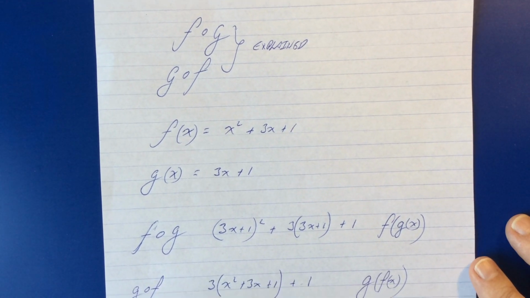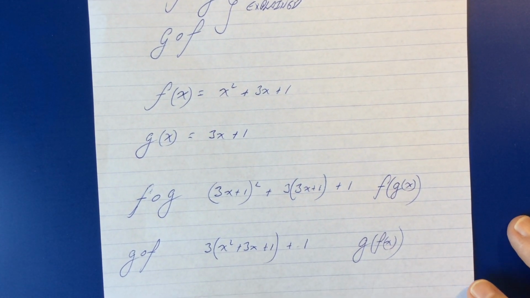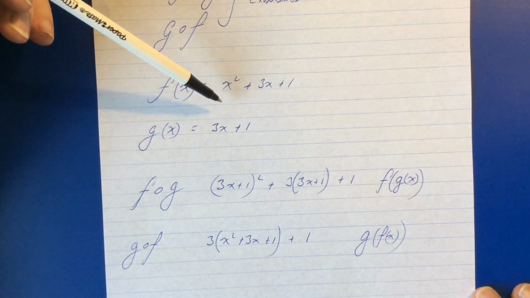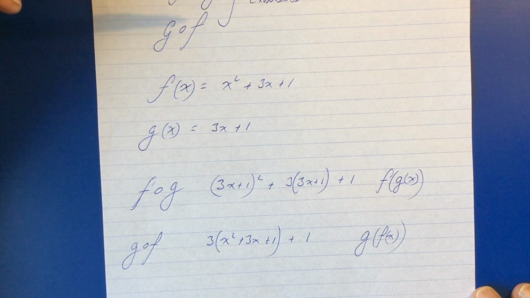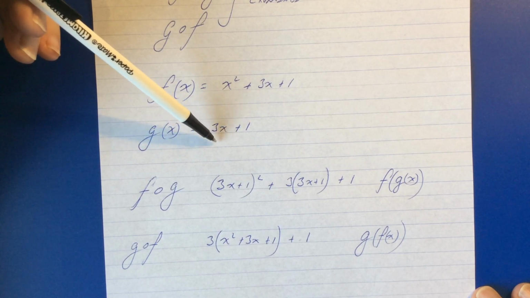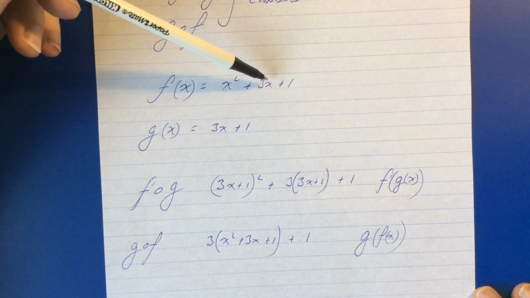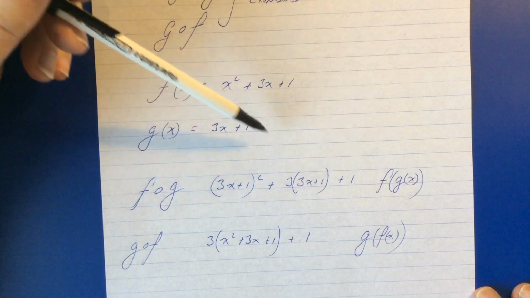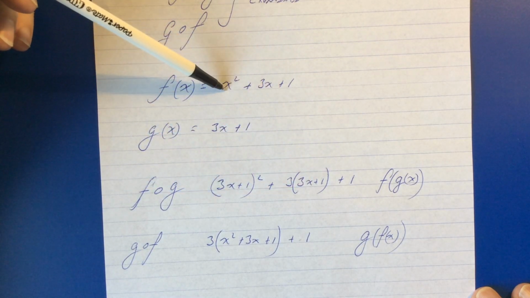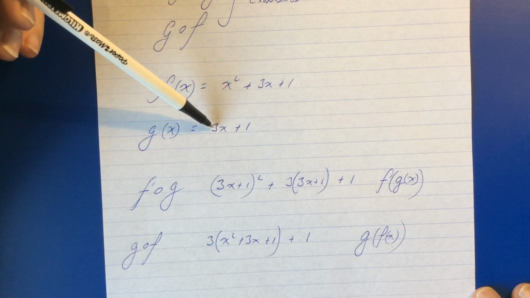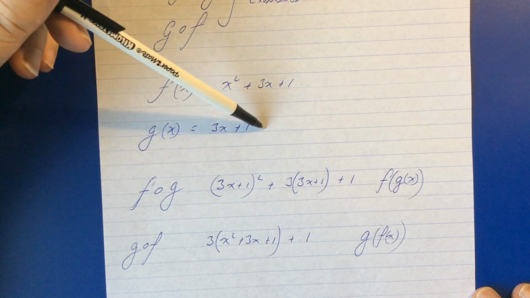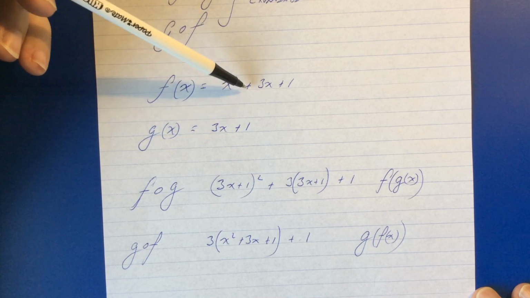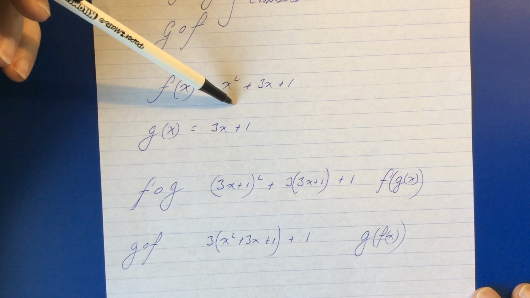Okay, so let's have a look at what g of f looks like. You will recall that when we combine these as composite functions, one function sits inside the other. Up here we had g sitting inside f. Now we're going to do the opposite. So this is our main function here, and we're going to replace every value of x with what you see here.